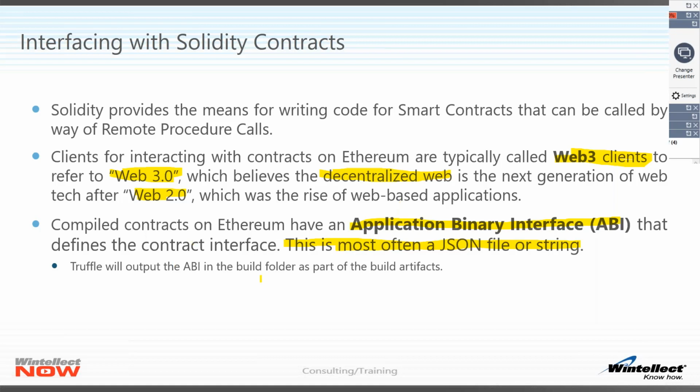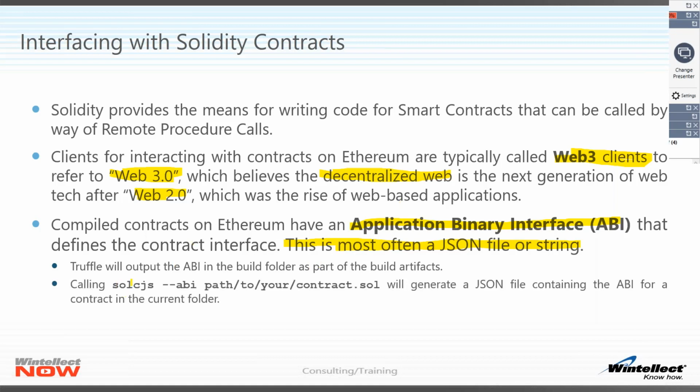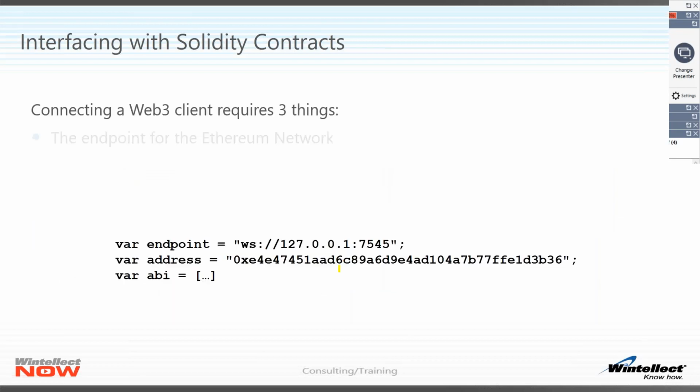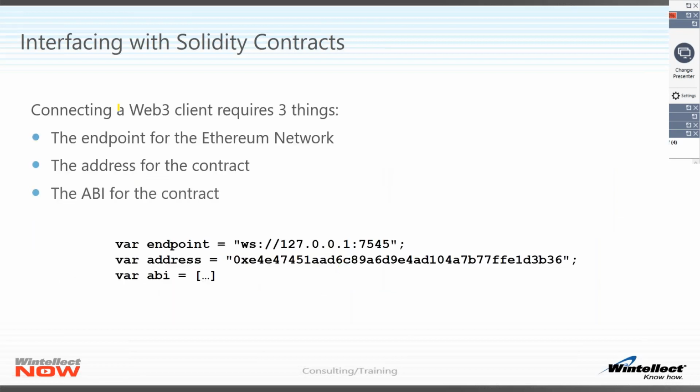Now, Truffle outputs an ABI in the build folder, or you can call this command here. The Solidity compiler has a tool called solcjs, and you can specify, give me the output for a particular contract, and it'll generate an ABI file for you. With that in mind, those three things are what you need to interact with a given contract.